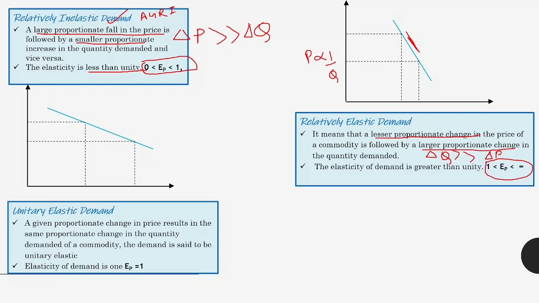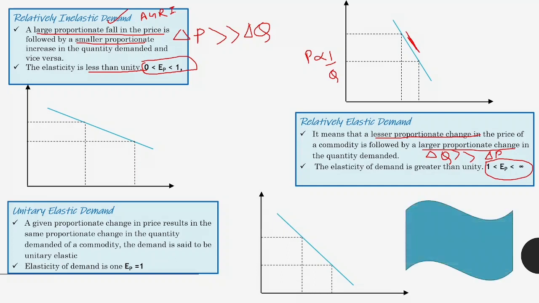The demand is said to be unitary elastic, that is EP is equal to 1. As we have discussed all 5 types of elasticity, the first 2 are theoretical only. They do not exist in real market terms. While for relatively inelastic, you have agricultural commodities. Then for relatively elastic, we have common purpose goods.